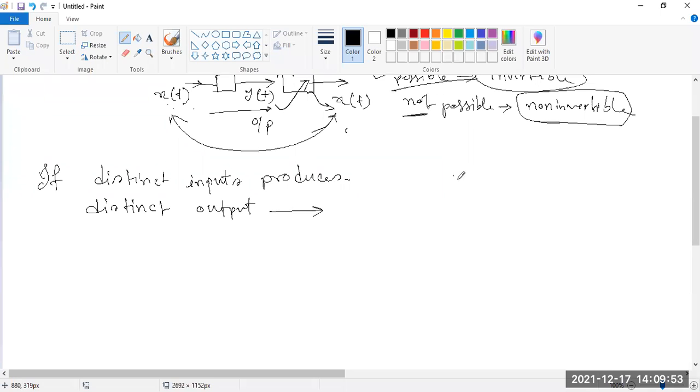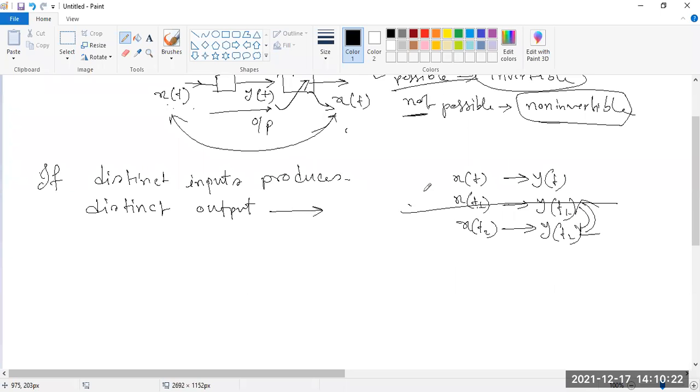Say x of t1 gives y of t1. If x of t is t2, then we get y of t2. So everything has a distinct value. If these two things become the same, then this is the non-invertible condition.